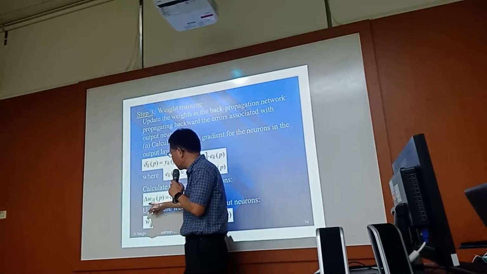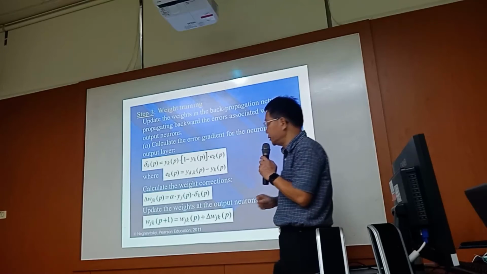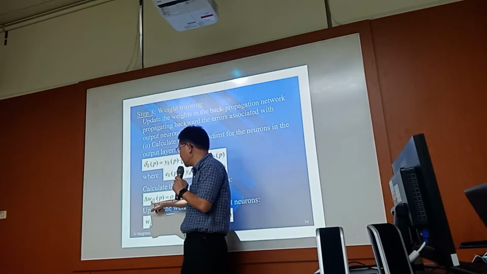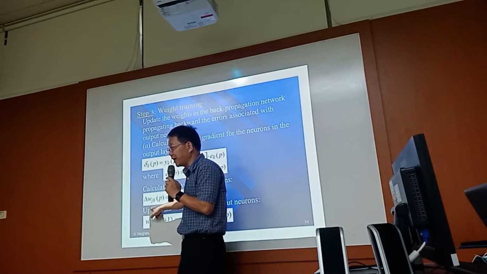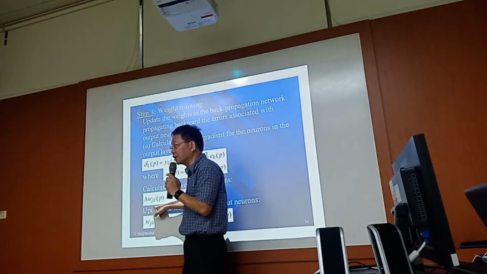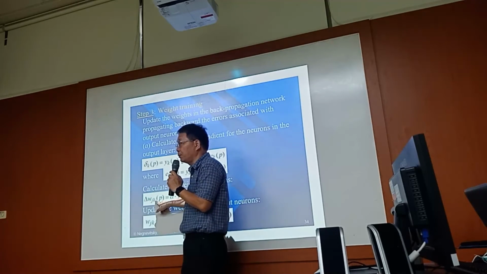And then when you look at this mathematics, you need to be careful with the subscript parameters. In j to k, this connection weight is from node j to node k. Which node is k? K is the output.